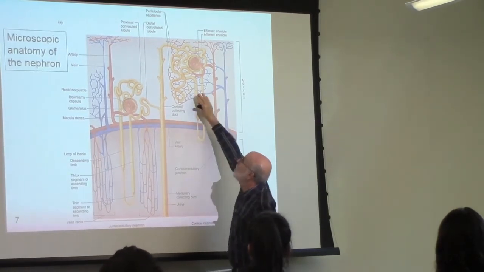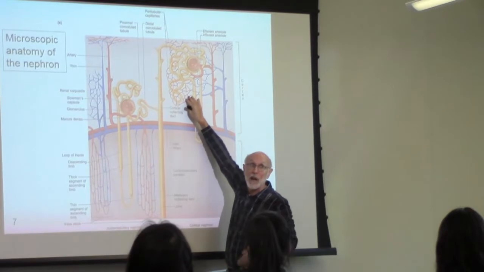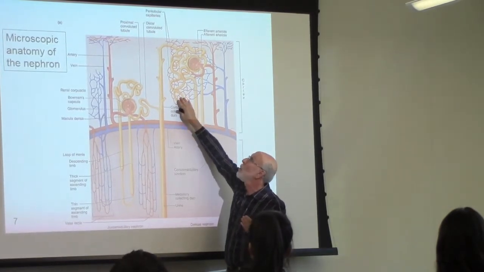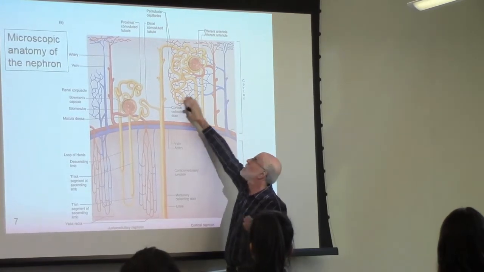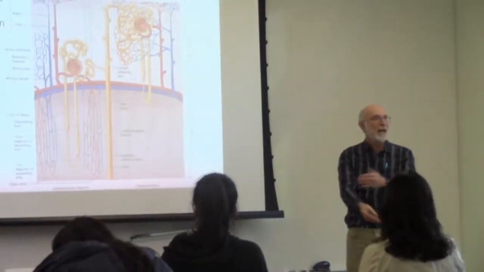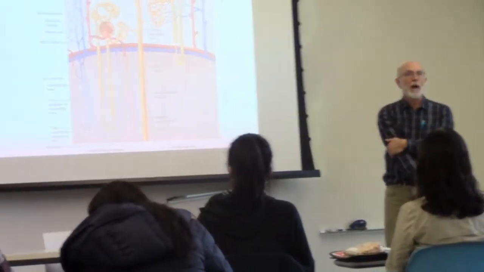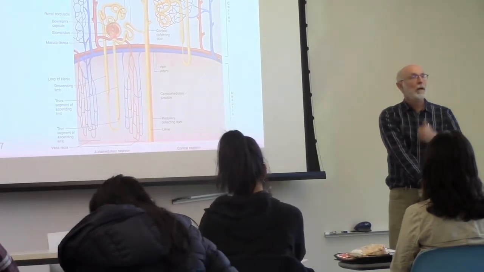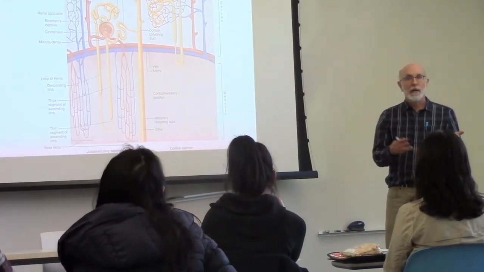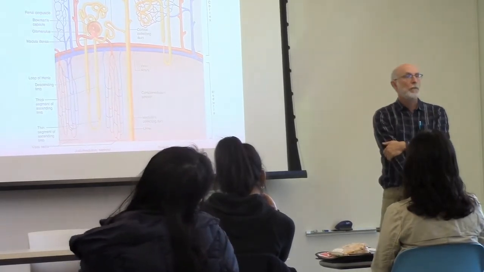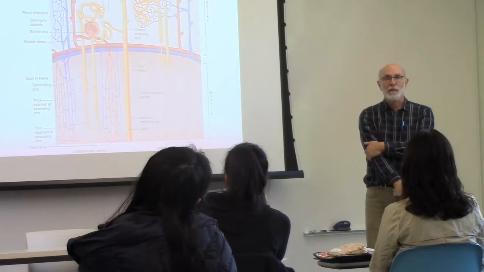Just like the peritubular capillaries are going to be important for reclaiming the good stuff that we recover from the proximal and the distal tubule. Remember, it has to get back into our blood so that it can go to the rest of our body. We don't want to just have it sit there in the kidneys. The water, the salts, the glucose gets recovered in the kidneys, and then the bloodstream has to distribute that to our brains and to our muscles and the rest of our body.